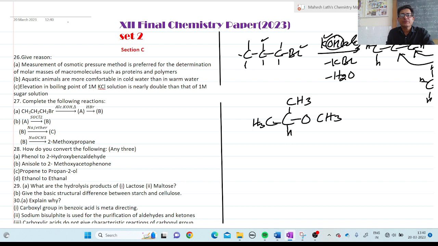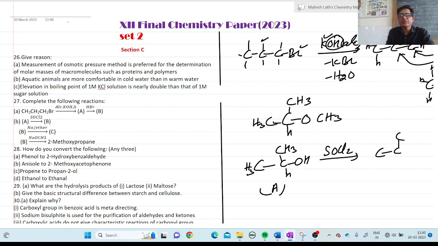So let us start from A. Thionyl chloride reacts with alcohol, so the alcohol group must be present on the second carbon. It is A. Reacting with thionyl chloride, it forms 2-chloropropane.